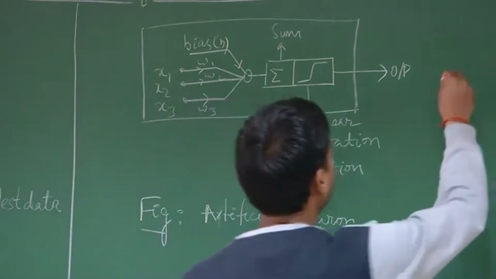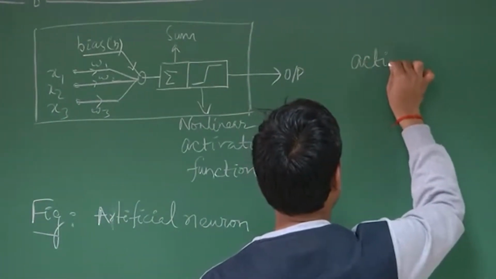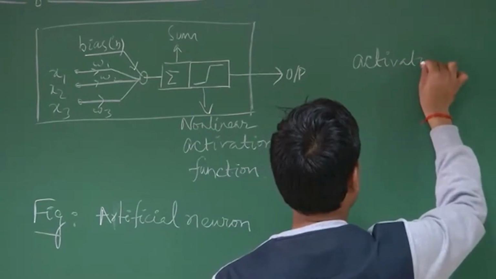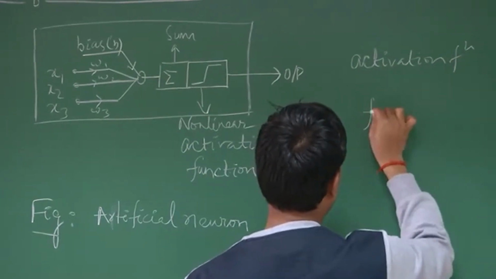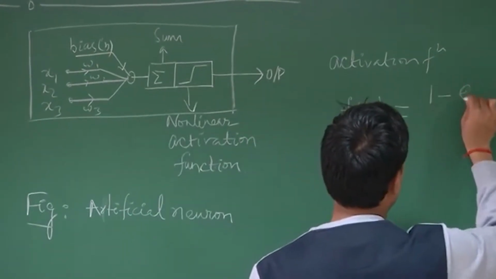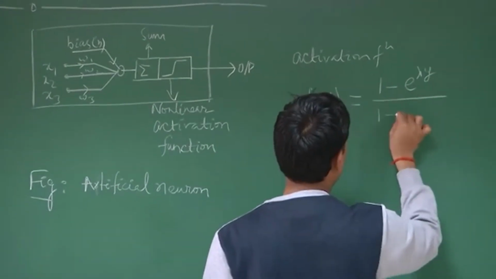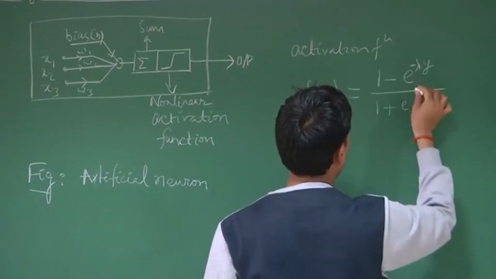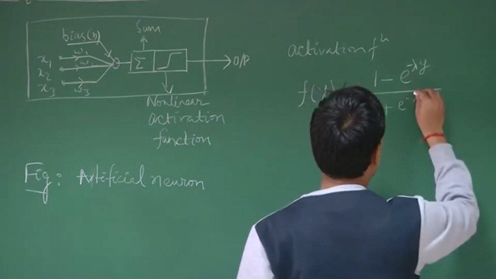The activation function which we discussed was, let us say, f of y equals (1 minus e to the power minus lambda y) divided by (1 plus e to the power minus lambda y).